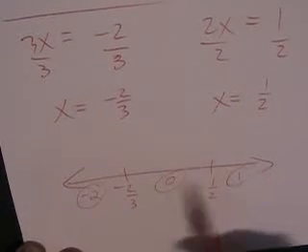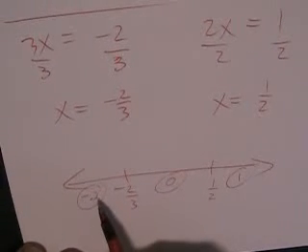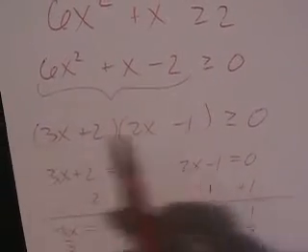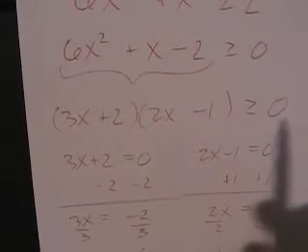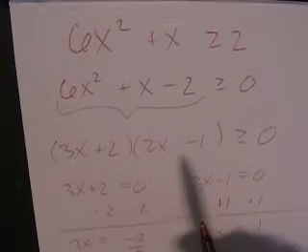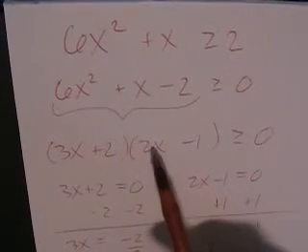So now I'm going to take my first test value, negative 2, and plug it into our factored inequality, right there and right there. Let me do the work on this side.